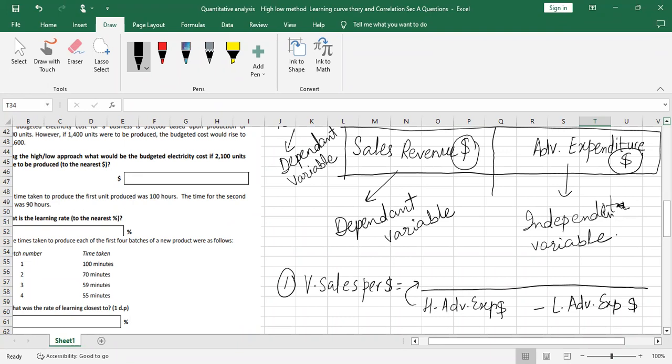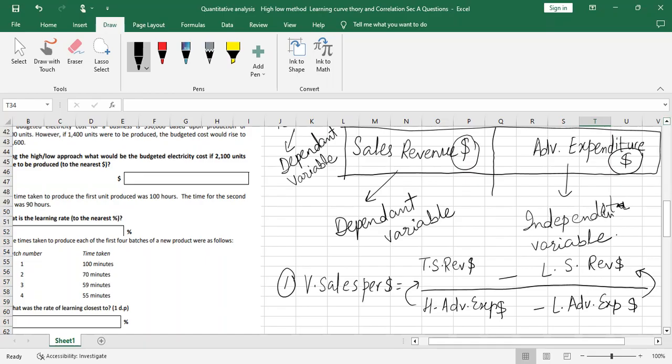And then you will say high sales revenue, because revenue is replacing total overheads, and lowest sales revenue, because it is replacing total overheads of the lowest activity level. So this is your step number one.